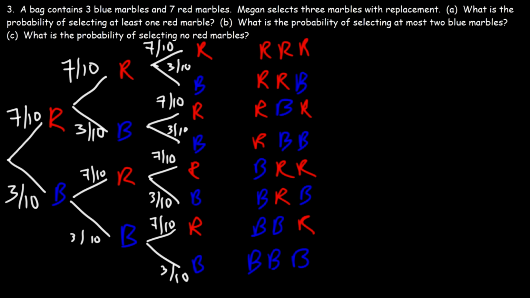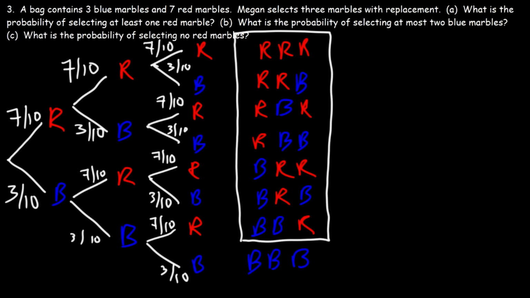So what is the probability of selecting at least 1 red marble? So let's identify all the outcomes that contain 1 red marble. So that would be these 7 outcomes.